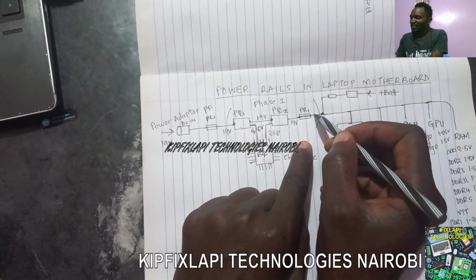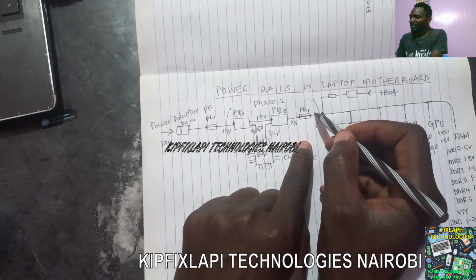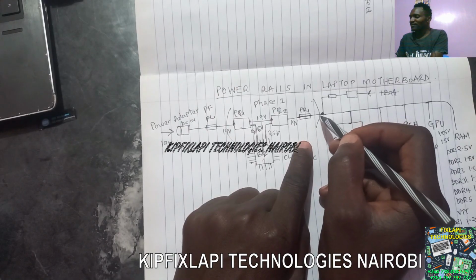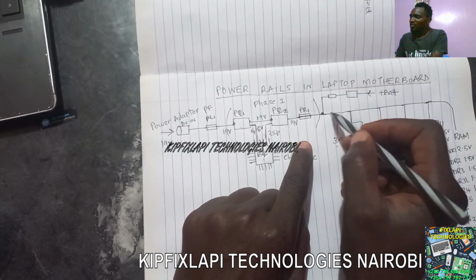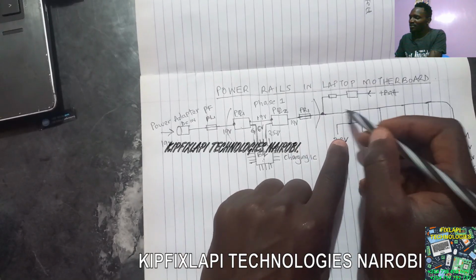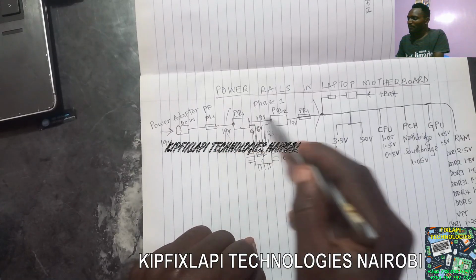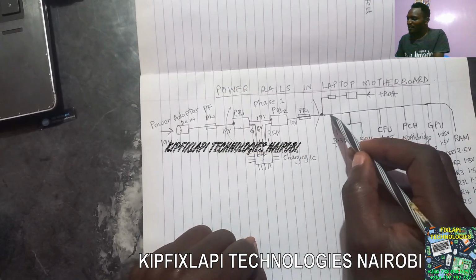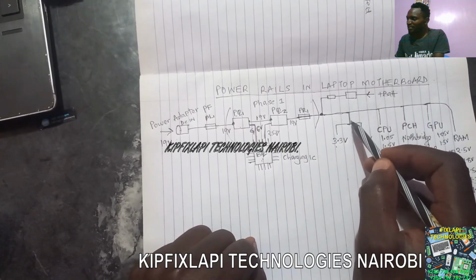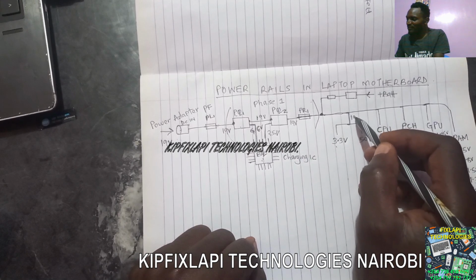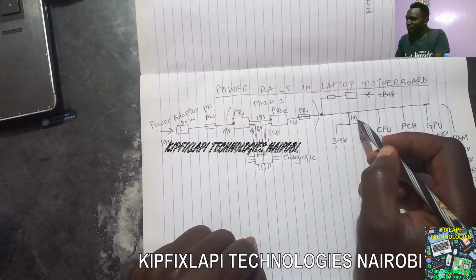So in case you have an excess power supply, this resistor limits that power going past there, right? Yes. So this is the main power line. All the way from the charging port, you proceed past here. If you test the voltage here, you'll be having 19 voltage.